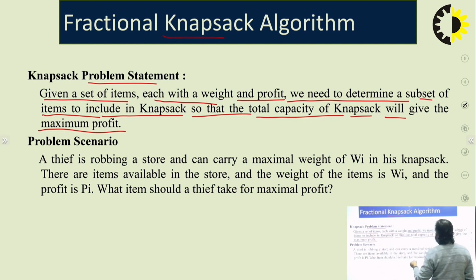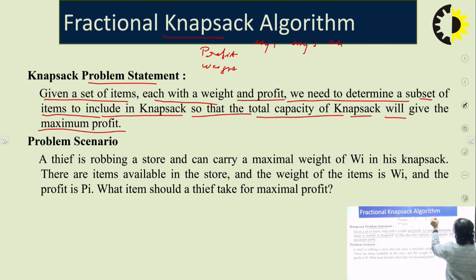The inputs are given as a profit associated with a weight. There are different items: object 1, object 2, object 3, and so on up to object n. That is n input objects.